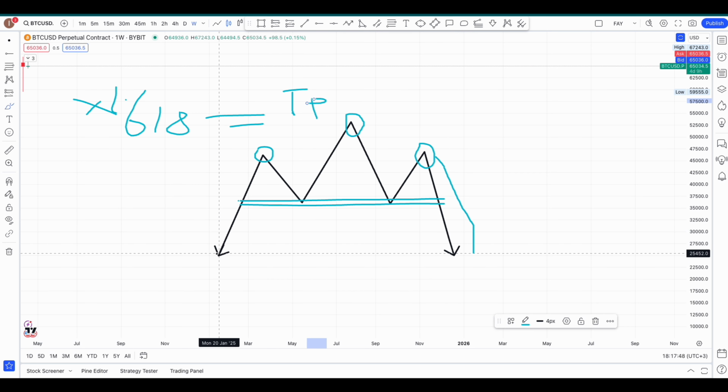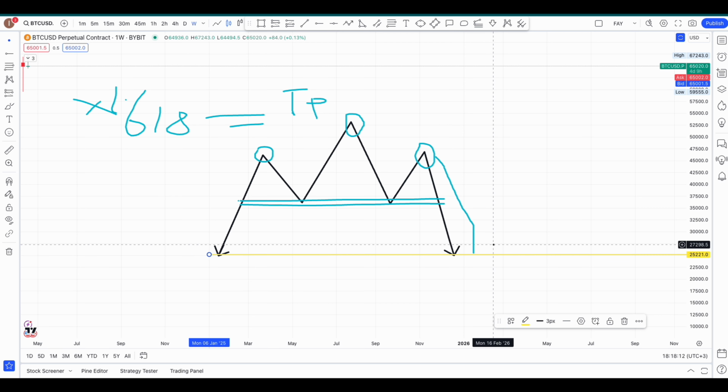Or you can just set it just like this. It is easier to understand that I want to set my take profit at the beginning of this pole that forms the left shoulder, right? So immediately you mark it, you know your take profit will be around this side.